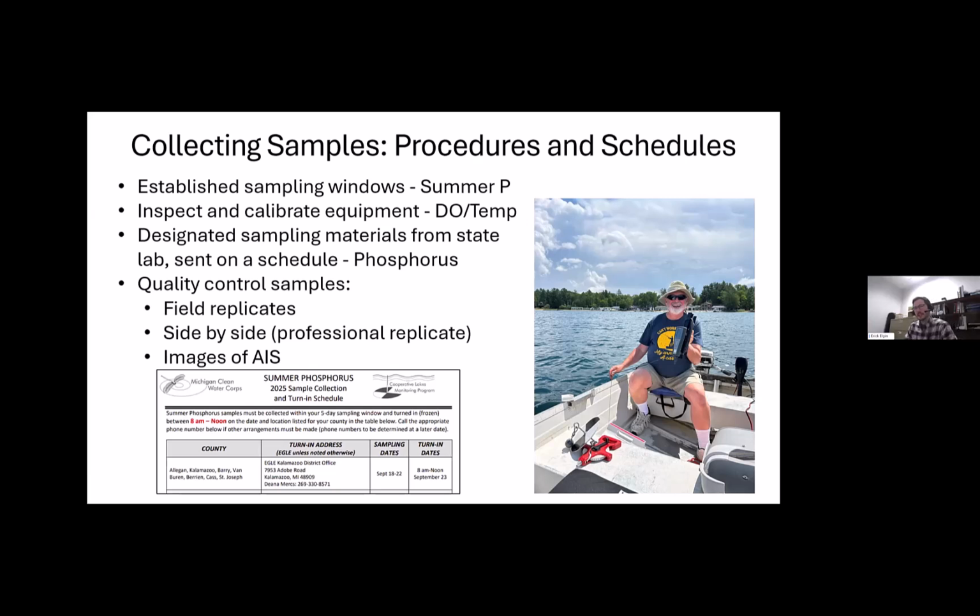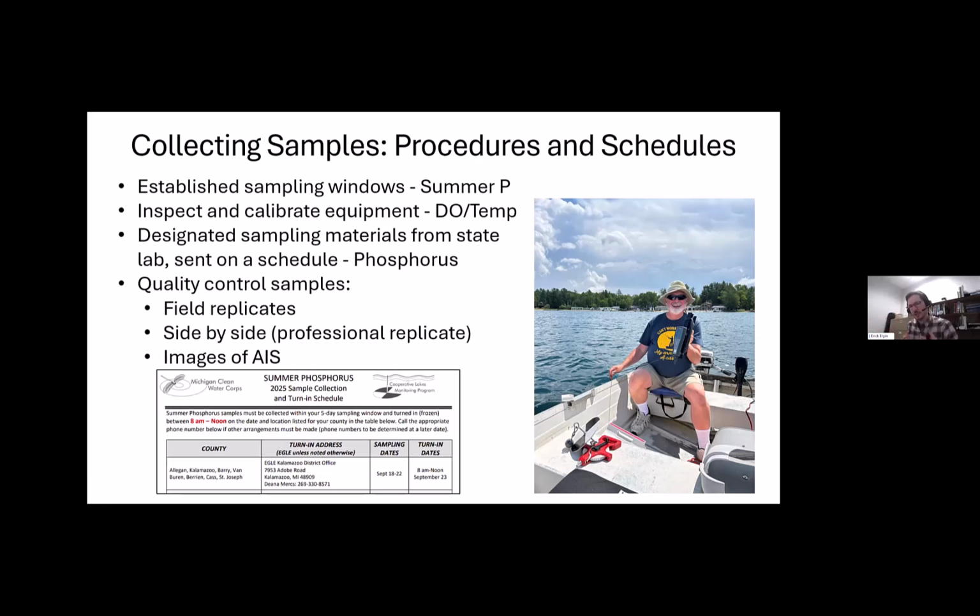We also have a lot of quality control samples. And so Paul talked about relative percent difference and just comparing between replicates. And so that's what we have multiple different measures for. I won't get too much into it, but we ask you to collect 2 samples of chlorophyll A or 2 samples of phosphorus at the same time.